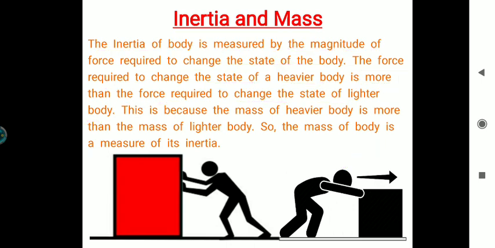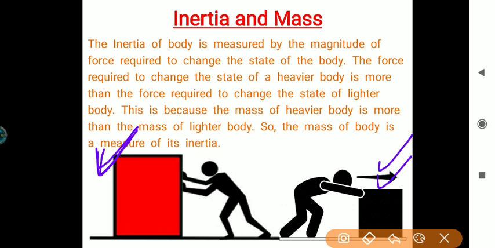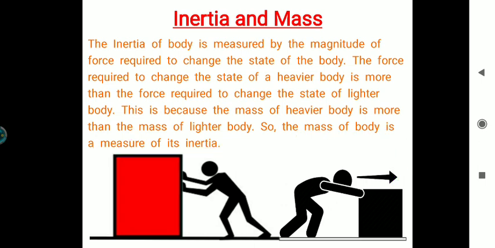This body is much heavier as compared to this body, so a larger force is required to move it from rest. So the mass of a body is a measure of its inertia: more mass, more inertia, and less mass, less inertia.